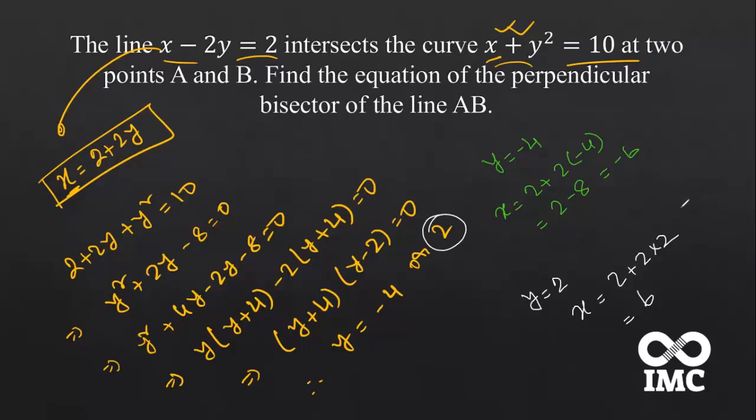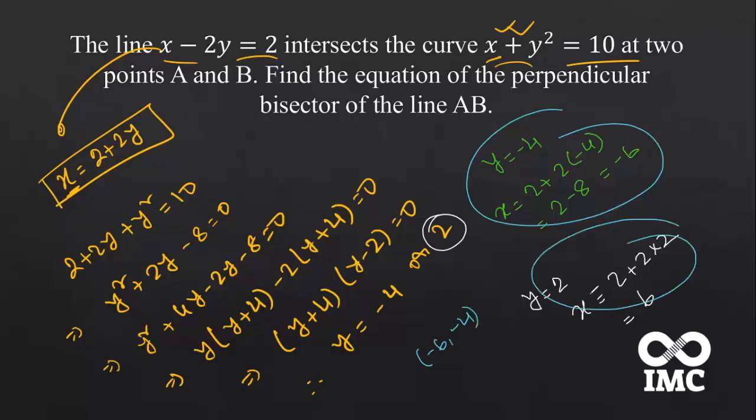So we get two points: the first is minus 6 comma minus 4, and the other is 6 comma 2. Let's say this one is A and this one is B. Points A and B are done.